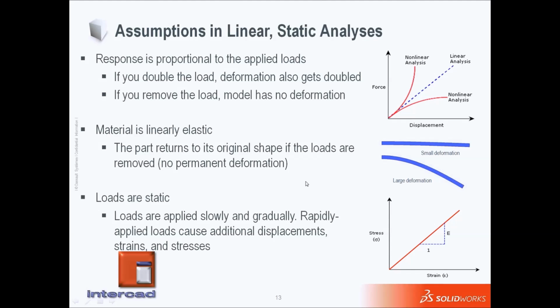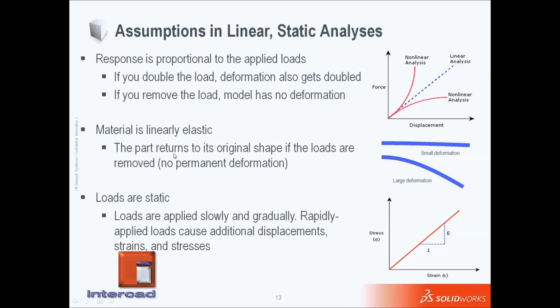This comes from the fact that stress is considered to be directly proportional to strain. And we are also adding the fact that deformation of the structure is very small compared to the dimensions of the part.